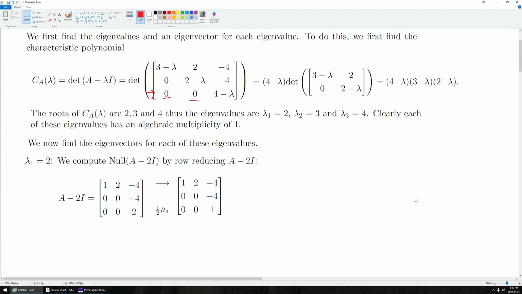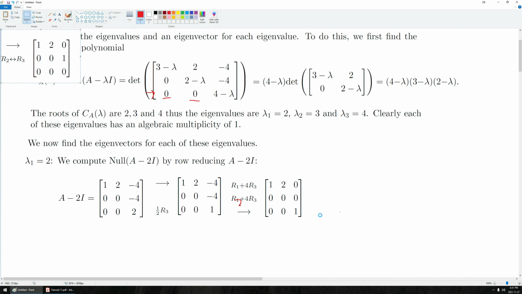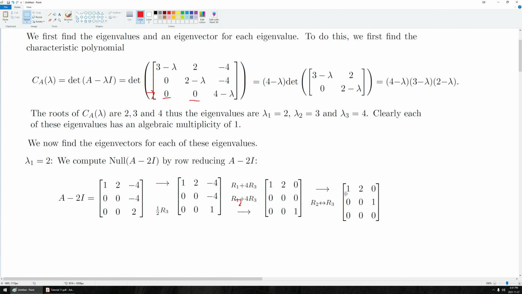Well, to do that, it's just two simple row operations, right? R1 plus 4R3 and R2 plus 2R3. And finally, I want to put this pivot in the correct location, so I swap rows 2 and 3. You could, of course, here have turned row 2 into the pivot and canceled things out there. Multiple ways of doing the same problem.